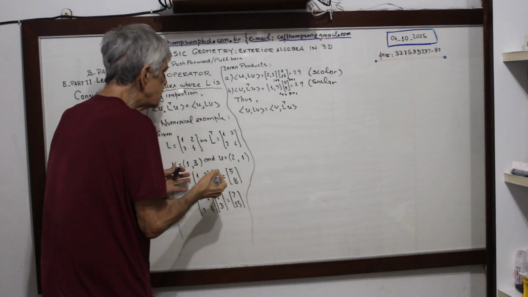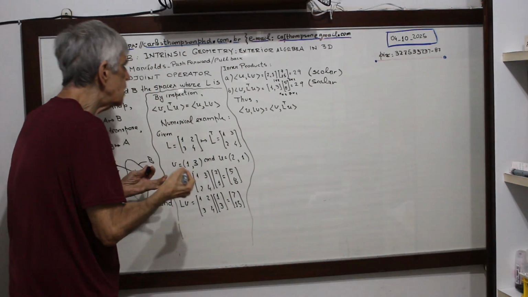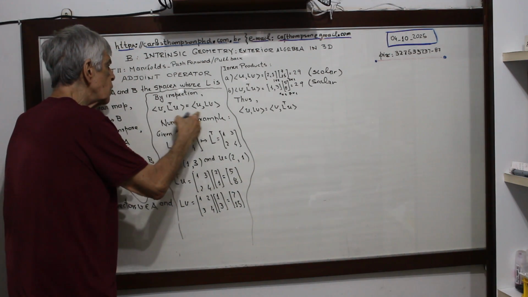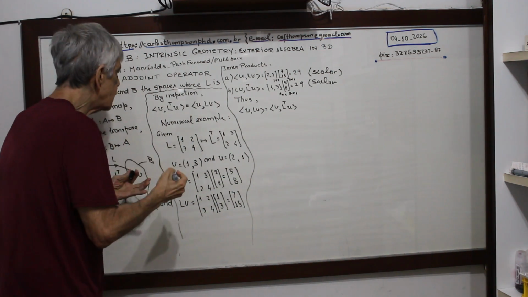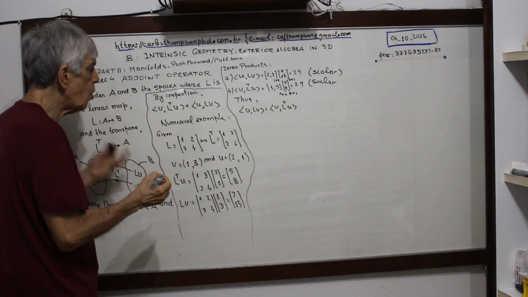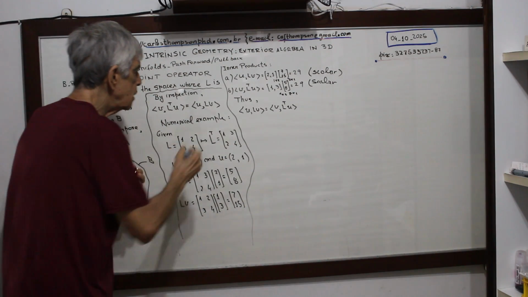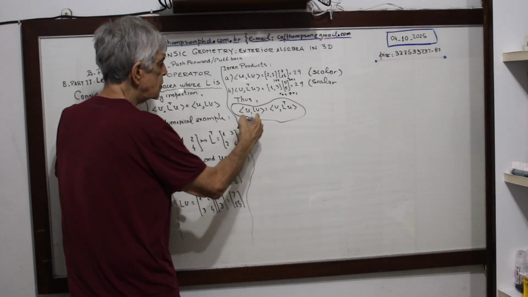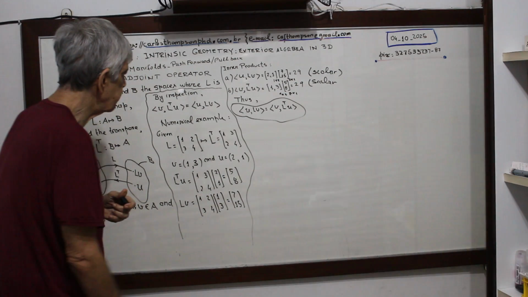This numerical example shows clearly that this operation works, and it is called the adjoint operator. Thus, you can arrive at this equality.